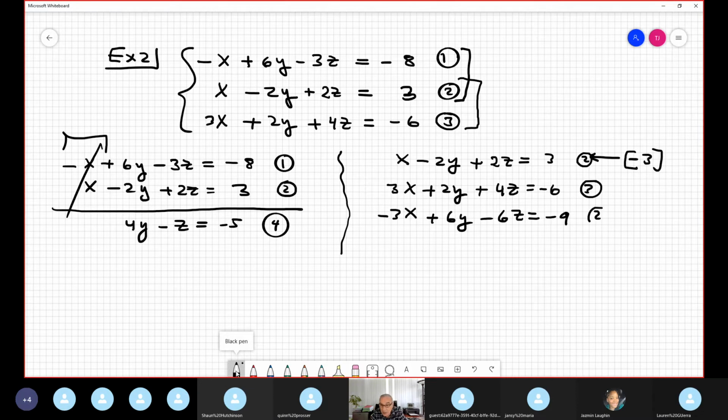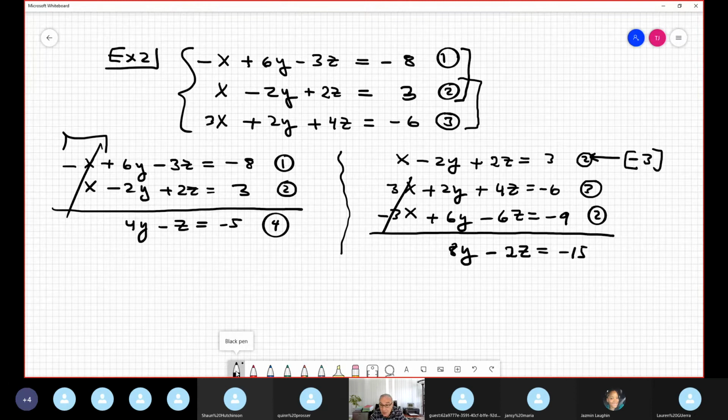And this is my equation number 2 again, exactly the same, because you know very well when you multiply any equation by a number, it's totally dependent, it's the same. In this case, it's the same plane, because it's 3-dimensional, right? And this could cancel out. This is minus 2z equal -15. And this is my equation 5.